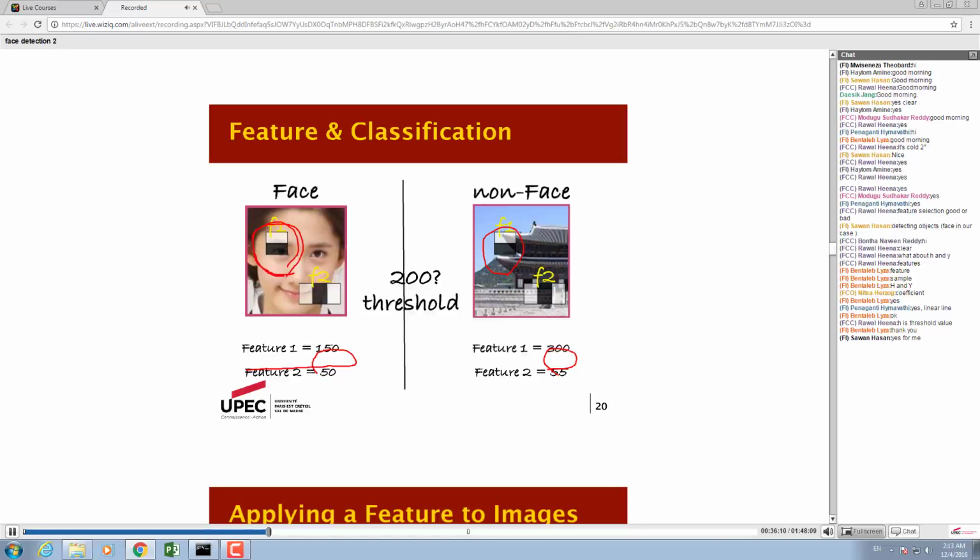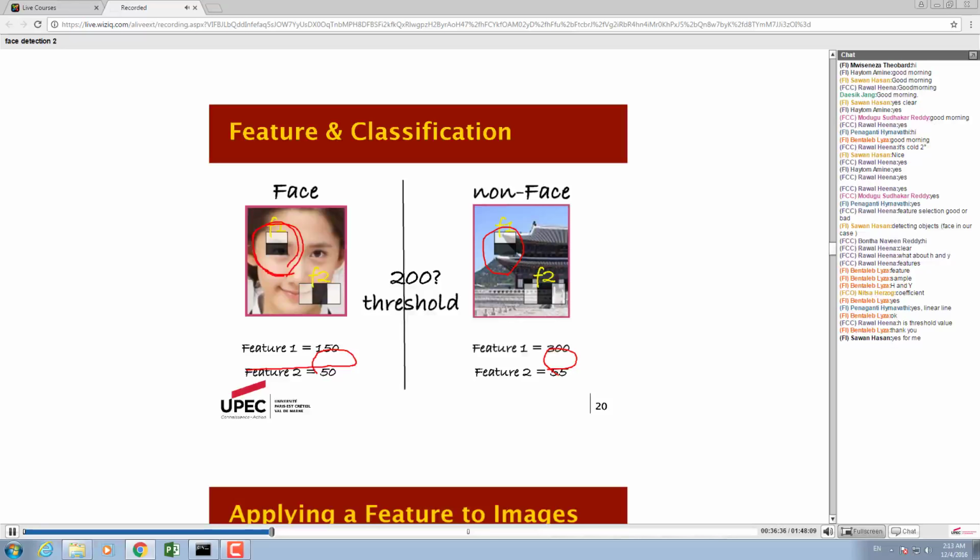Okay. Then let's assume we have just two samples, one face and one non-face. The face has F1 value 150. The non-face has F1 value of 300. Then for this feature F1, what can be the threshold?